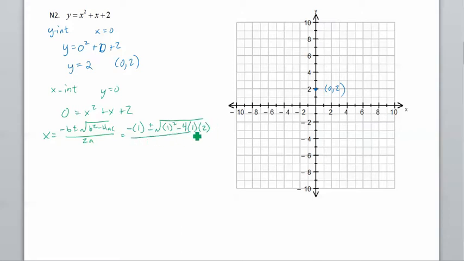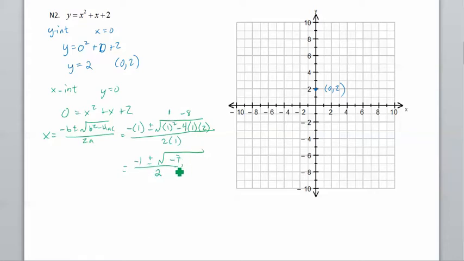If you're having a hard time with the quadratic formula, you probably want to go look at one of the quadratic formula videos. But here we go. So that simplifies to negative 1 plus or minus the square root of 1 squared, which is 1. Negative 4 times 1 is negative 4, times 2 is negative 8. Oh, 1 minus 8 is negative 7.